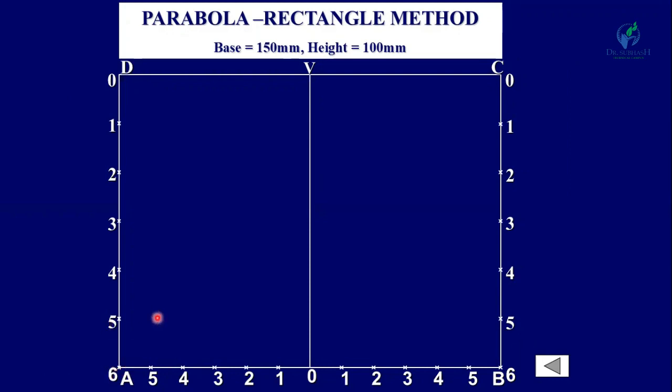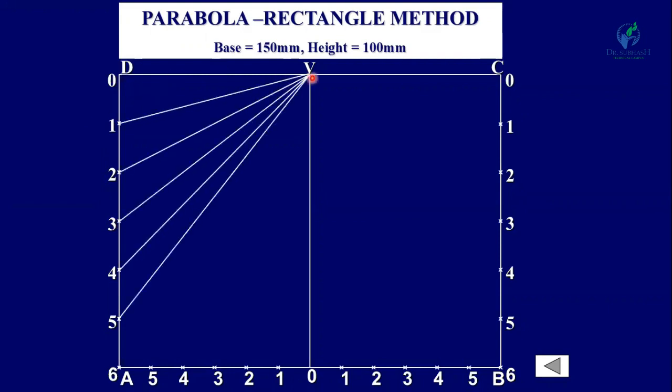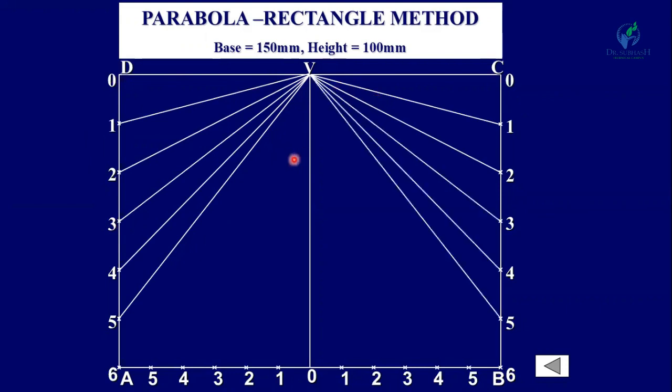You have to remember that if the number of points on the horizontal lines is 6, the same number of points you have to add on the vertical line also. Now the next step is to join V with all these points: V1, V2, V3, V4, V5, and similarly on the other side join V1, V2, V3, V4, V5.